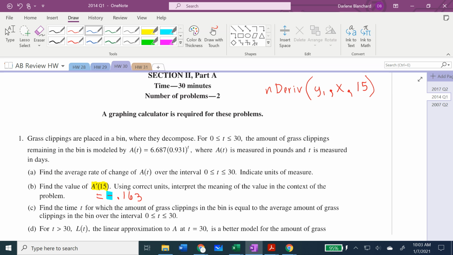Then going back to what A is representing, an amount of grass clippings in a bin, and its number of pounds. So the amount of grass in the bin is decreasing at 0.163 pounds per day.